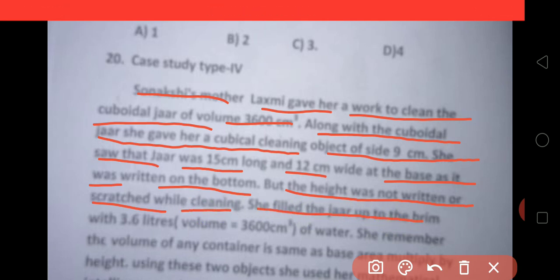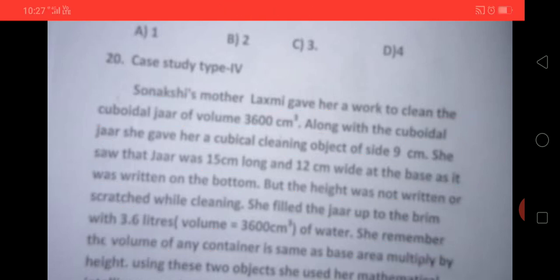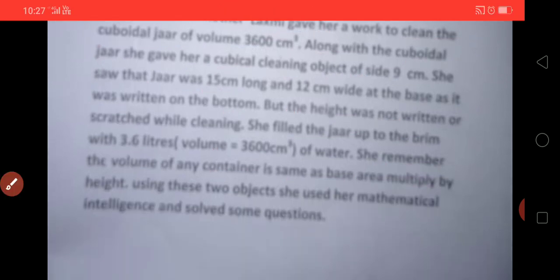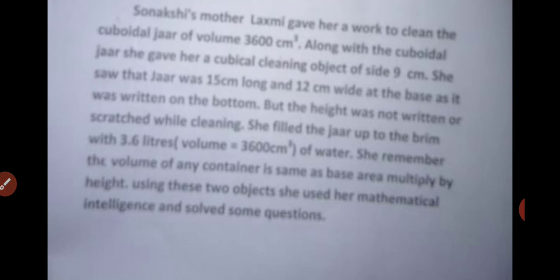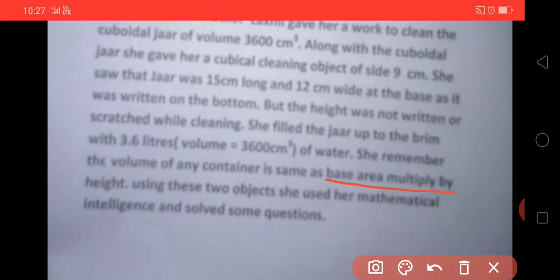She filled the jar with water up to the brim, 3.6 liters, that is volume 3600 centimeter cubic of water, and she reminded that the volume of any container will be the same as the base area multiplied by the height. Using these objects and her mathematical intelligence, she solved some questions.